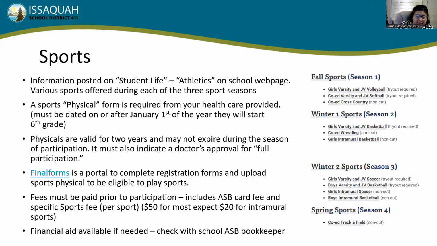The bookkeeper handles anything to do with paying, including your child's PE uniform, most likely. Hopefully, if you can buy your child a yearbook, it's helpful. At the end of the year, they'll appreciate that because they all sign each other's yearbooks. PE uniforms, ASB cards, and so on are the four main fees you hopefully already paid.